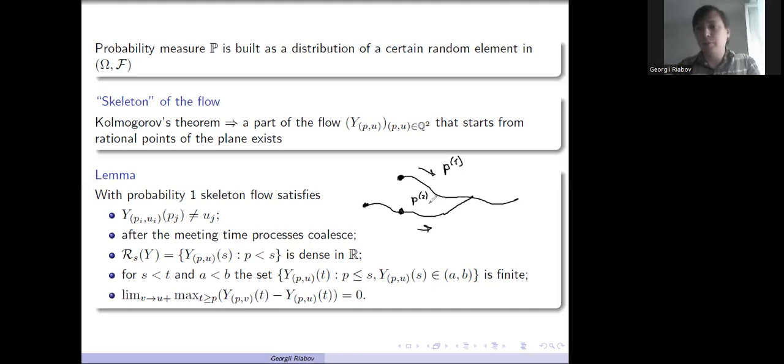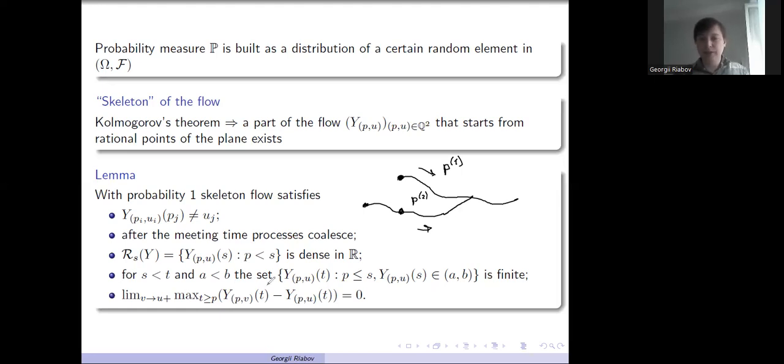This is a consequence of our assumption on transition functions of 2-point motions. The third property is the denseness of the past. It shows that if we look at all processes y that started before time s, their values at time s will form a dense set.